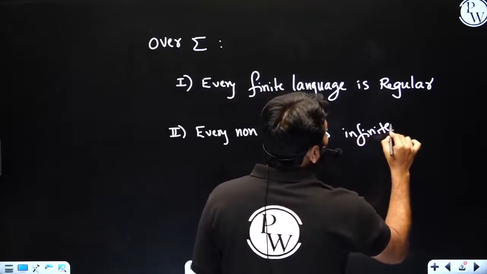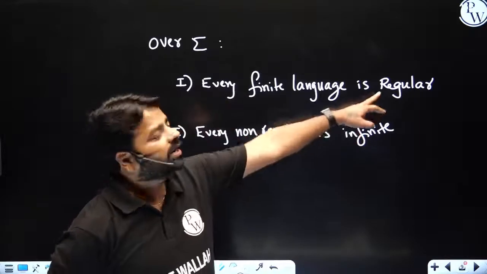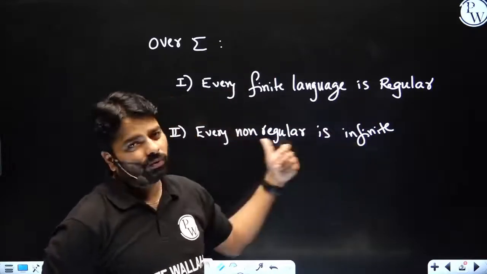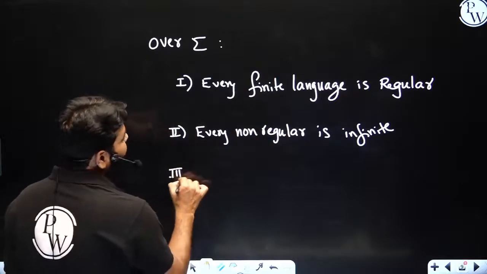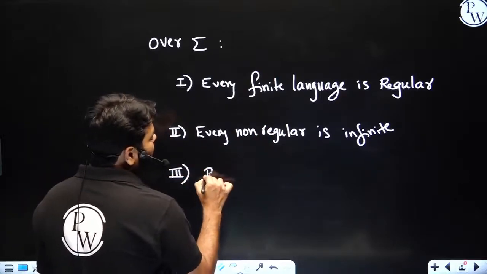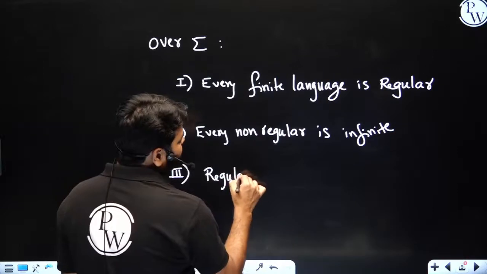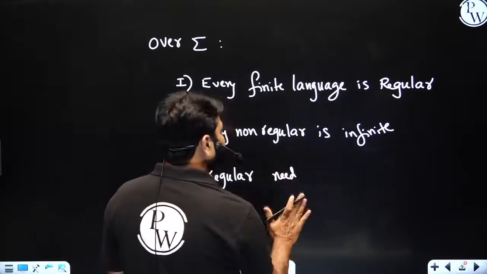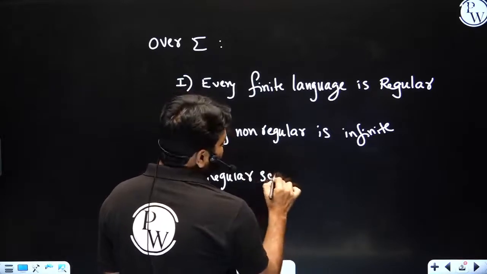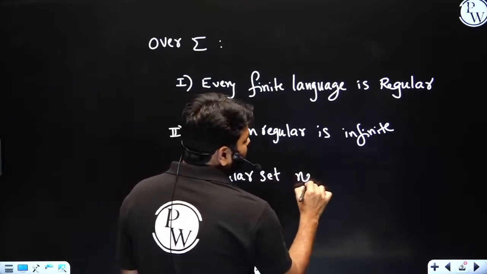But do not use the converse statements, like every regular is finite, or every infinite is non-regular. These statements are wrong. Third one: a regular language need not be finite.